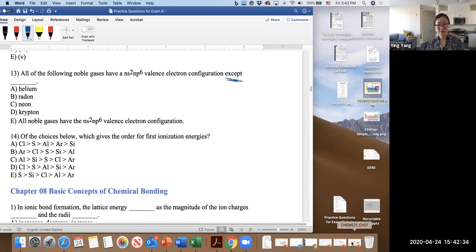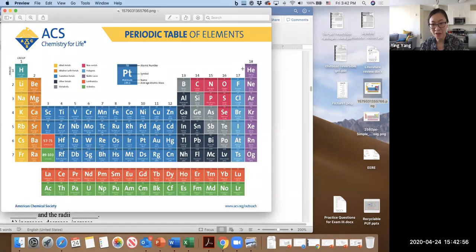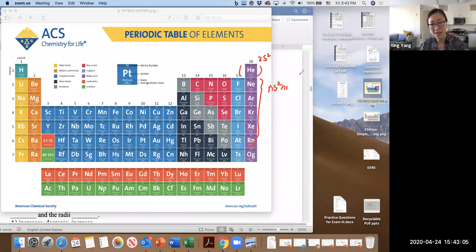Hydrogen and helium are the 2 exceptions that can only hold a maximum of 2 electrons because they only have the 1s atomic orbital. Cool. The answer is helium. If I show you the periodic table, helium is this one over here. It has 1s2, and the rest of them all have ns2 np6 valence electron configuration.